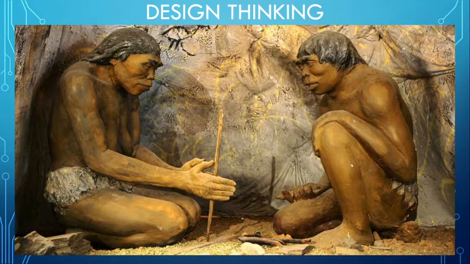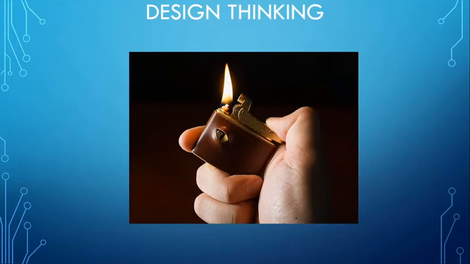Now, due to human evolution, all these things have changed. Creating fire is not a tough job now, right? In our pocket itself we have a lighter, and in the kitchen also we have a matchbox. It's very simple. So this is also one type of design evolution.